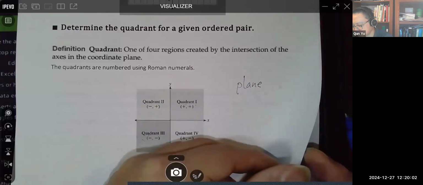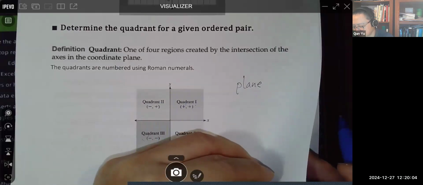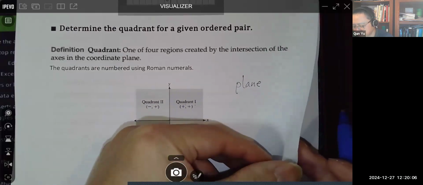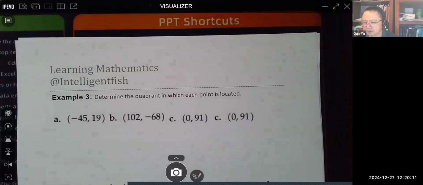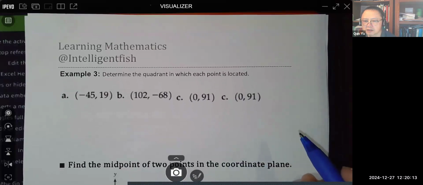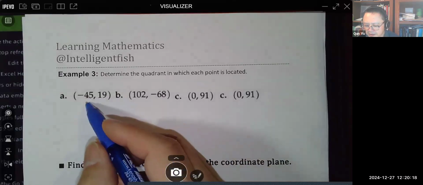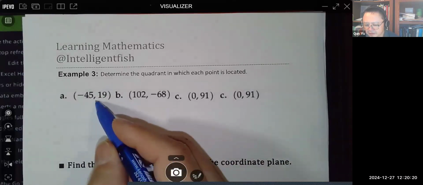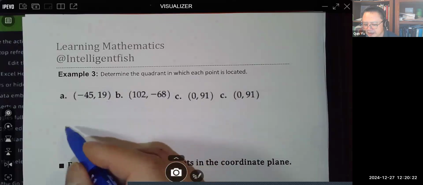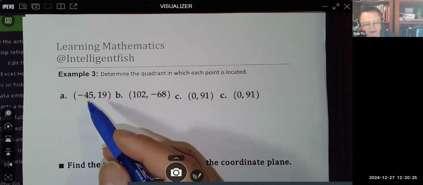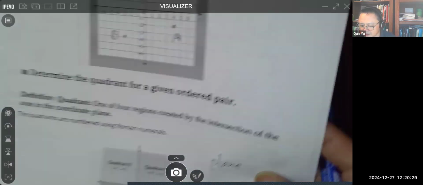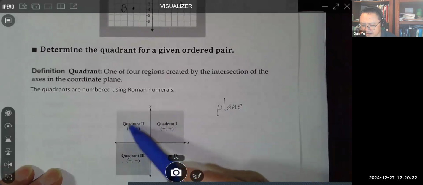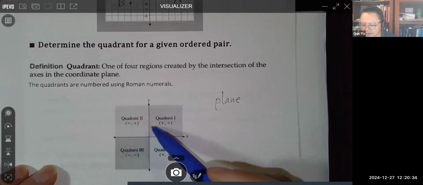Okay, now let's look at the next page. We want to determine the quadrant for each ordered pair, for each point. Imagine x is negative, y is positive. X negative means left-hand side, and y is positive, y is above.